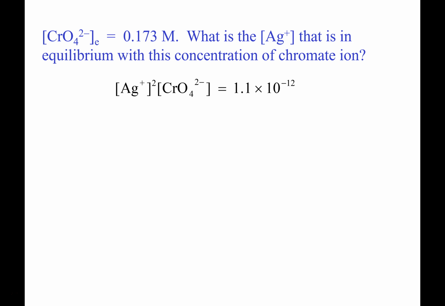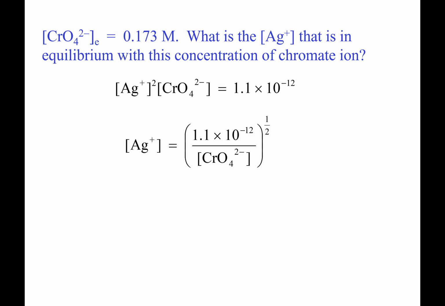We know now the chromate ion, which is 0.173 molar, and we're trying to get to the silver ion. And we've done this before. We can rearrange this expression, and the molar concentration of silver ion is going to be the KSP 1.1 times 10 to the negative 12 divided by the molar concentration of the chromate ion, CrO4 2 minus, all raised to the 1/2 power, or the square root of.